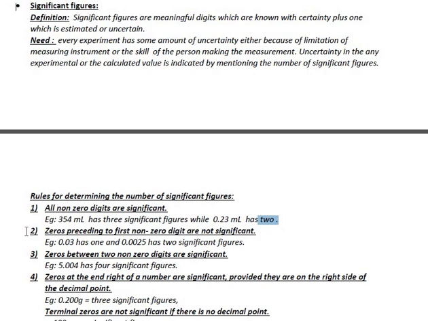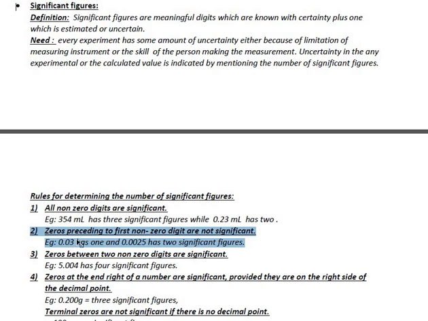The next rule is zeros preceding the first non-zero digit are not significant. I repeat, zeros preceding the first non-zero digit are not significant. You can see this example: 0.03, and another example is 0.0025.